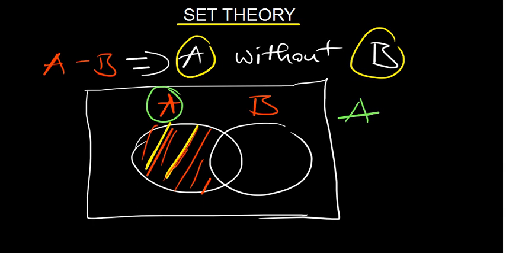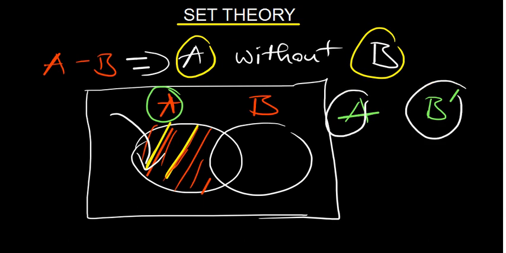If it's not part of B, then it's part of its complement. So the shaded region is part of A, and it is also part of B complement, meaning it is outside B. We can therefore say that A minus B is the same as A intersection B complement. The shaded region is part of A and also outside B. That is the interpretation there.